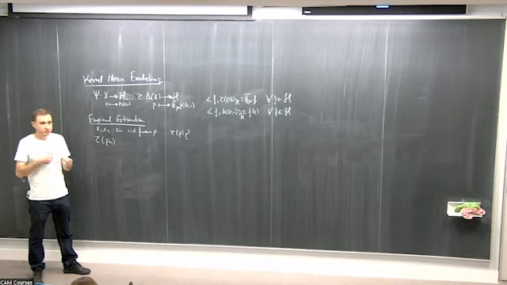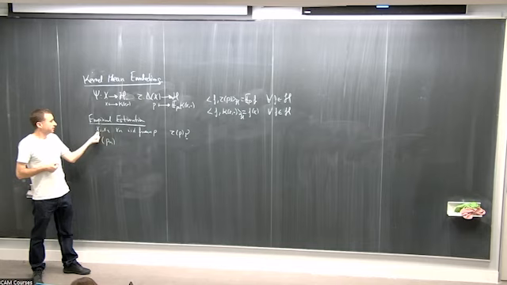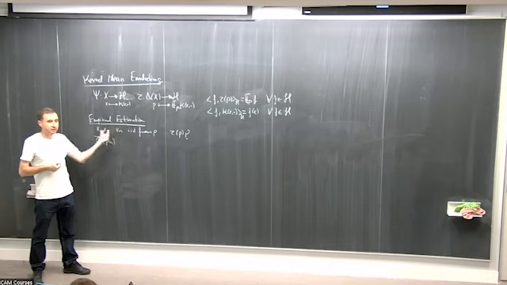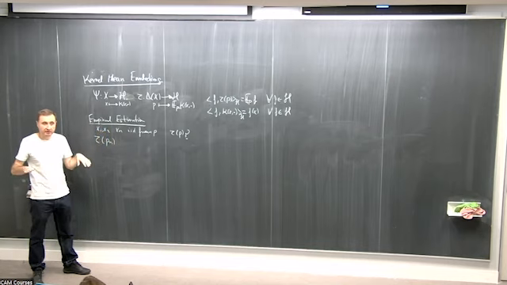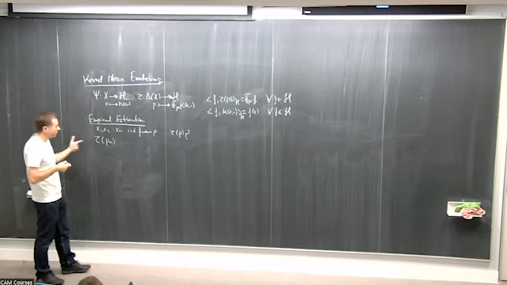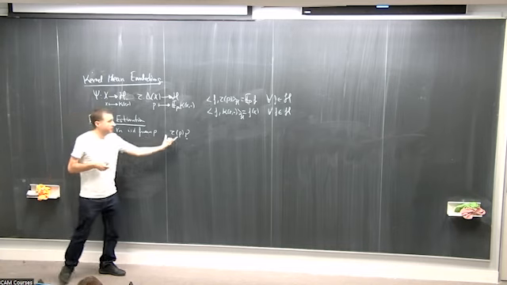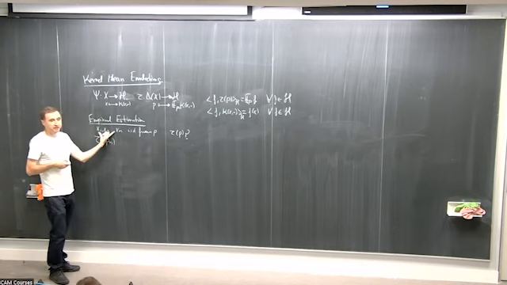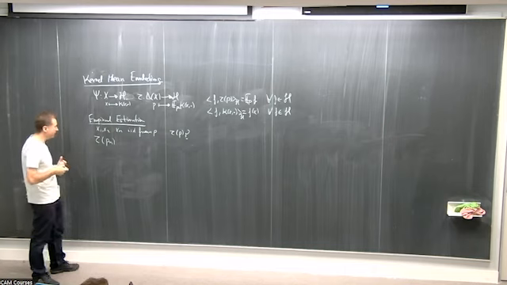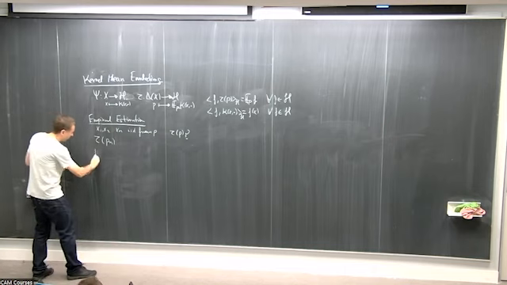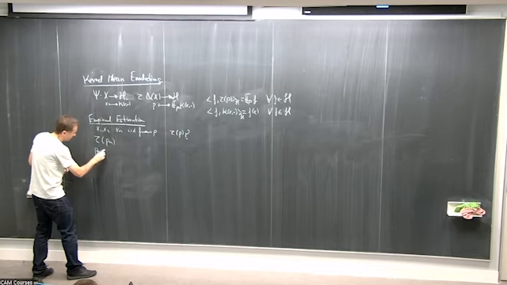The empirical distribution is a discrete distribution, in the sense that it only puts mass on some specific samples. It puts probability 1 over n on each of the samples that we have, and the rest of the values of x have 0 probability. So the natural estimate of the embedding is the embedding of the empirical distribution Pn.